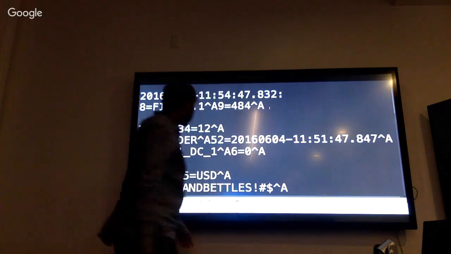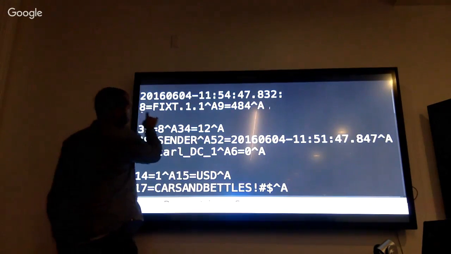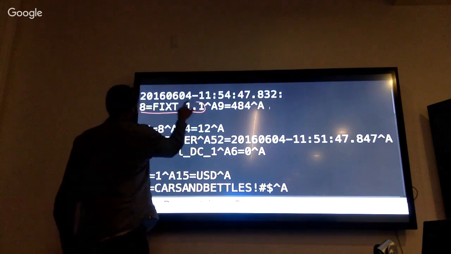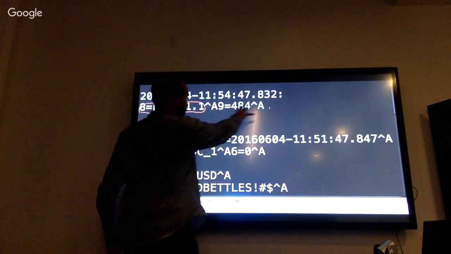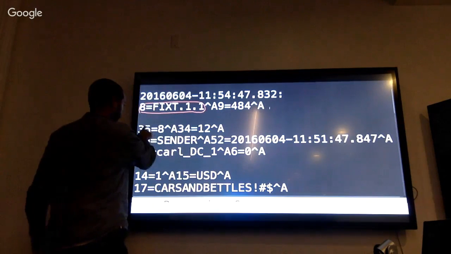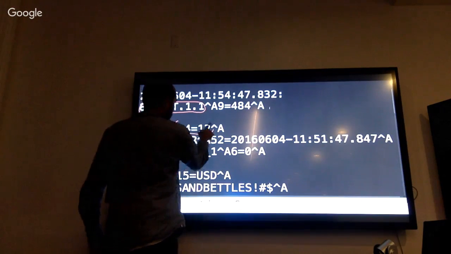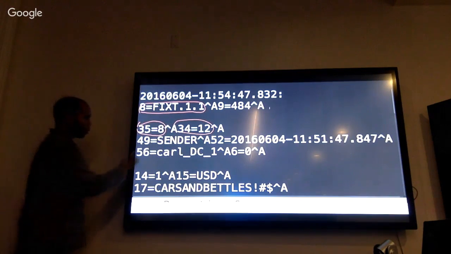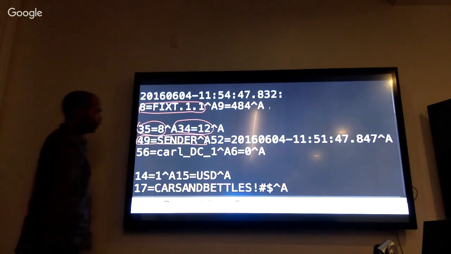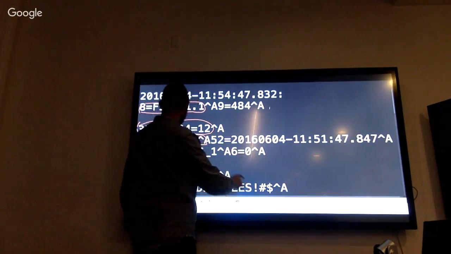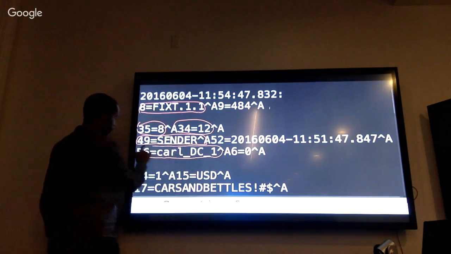So we have the FIX version. We have execution report, 35 equals 8. Sequence number is 12. This message is coming from the sender right here, 49, SenderCompID, and it is being sent to the target comp, 56.